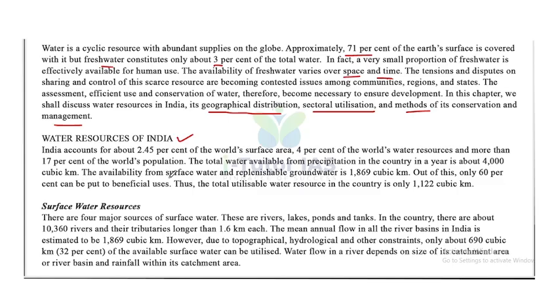The availability from surface water and replenishable groundwater is 1,869 cubic kilometer. Out of this, only 60% can be put to beneficial uses. Thus, the total utilizable water resources in the country is only 1,122 cubic kilometer.